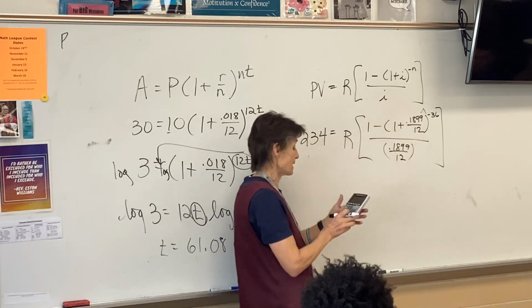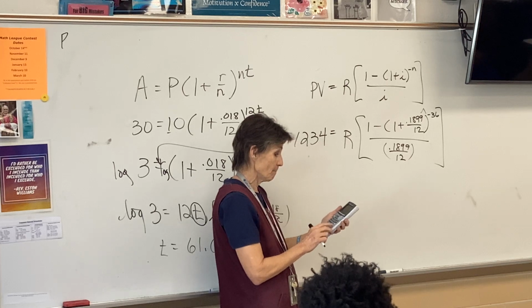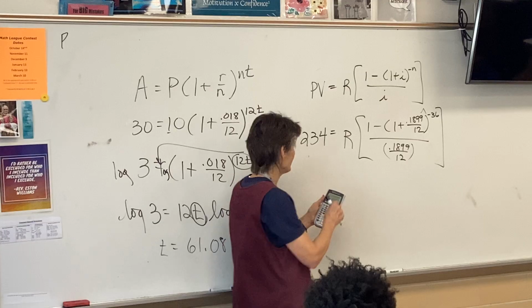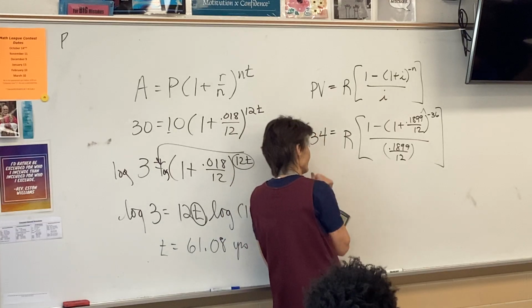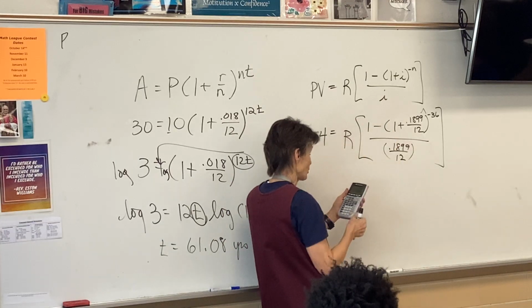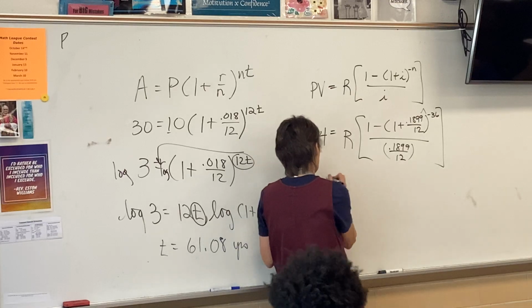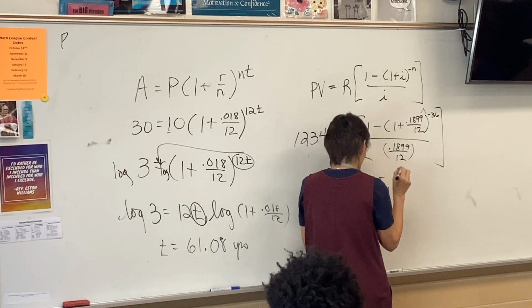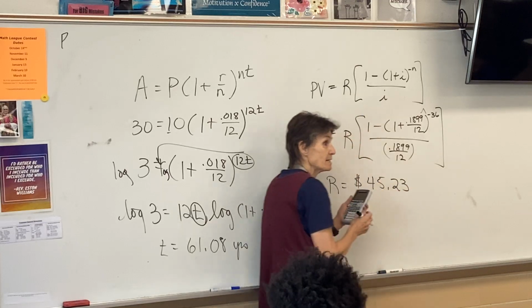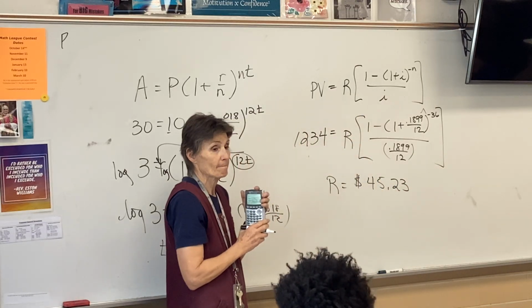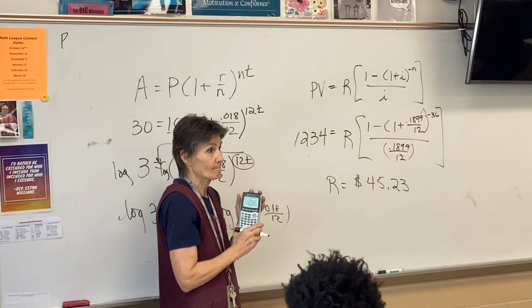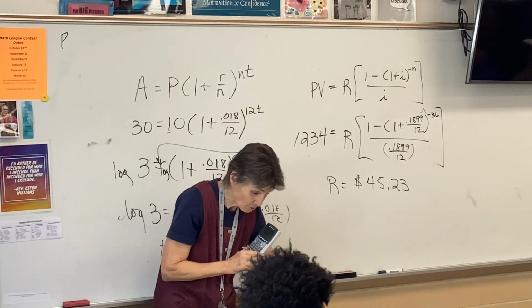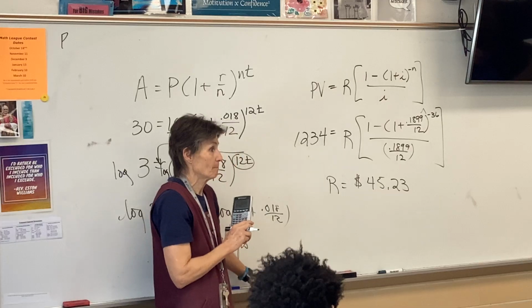Now I take 1, 2, 3, 4 and divide it by this answer, and your payments are $45.23. So that is the answer to problem A.